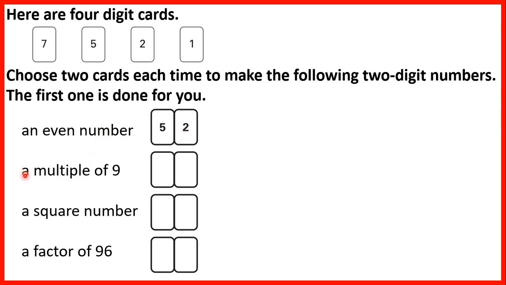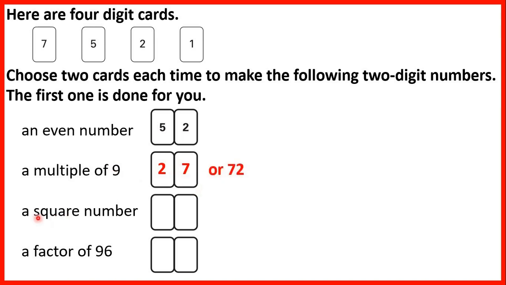Now we need a number that's a multiple of 9, so a number in the 9 times table, or a number that can be divided by 9 without leaving a remainder. So we can have 2 and 7, because 27 is in the 9 times table, or we could have 72 instead.